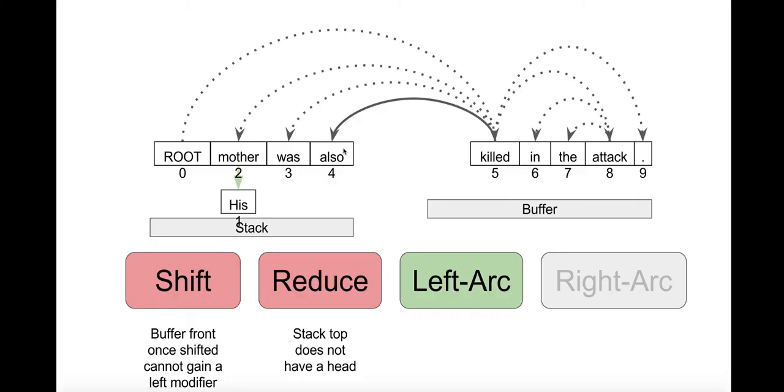A left arc needs, in this case, the token was to be on top of the stack and the token killed to be in front of the buffer. Similarly, a right arc will also require the same configuration. Once we shift killed from this configuration, we cannot gain this configuration back again.